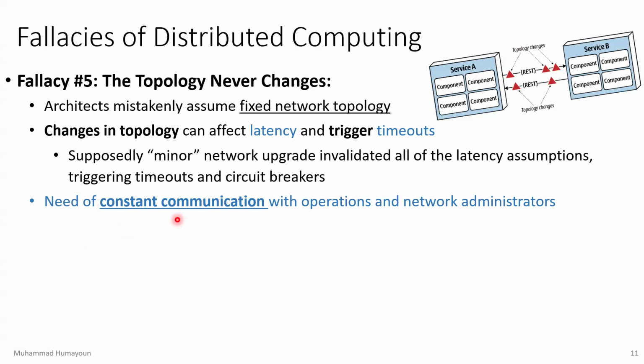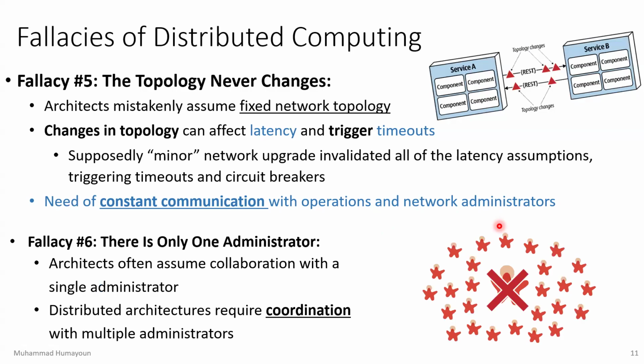So what you need to do as an architect is have constant communication with operations and network administrators, just to ensure everything is the way that it should be. Finally, we assume that there is only one administrator in distributed computing, but it is not true.